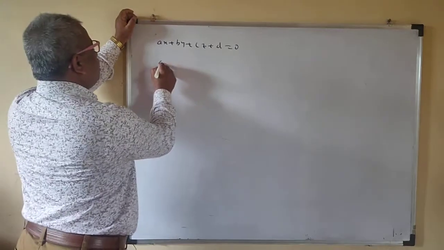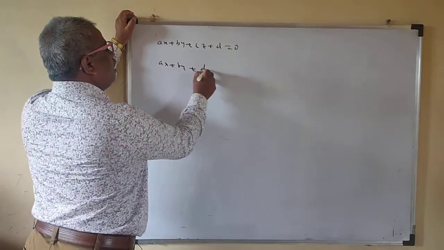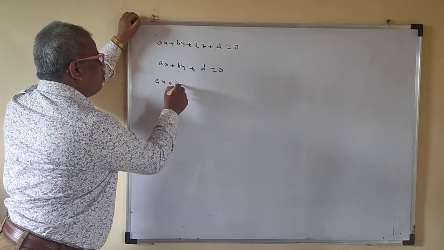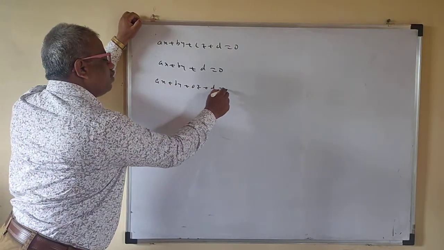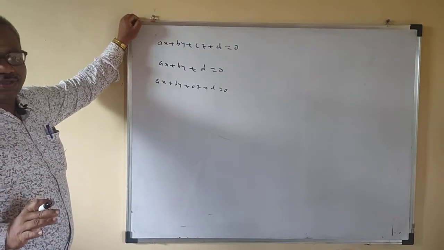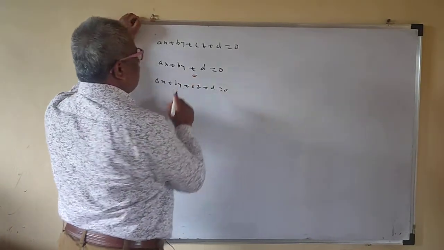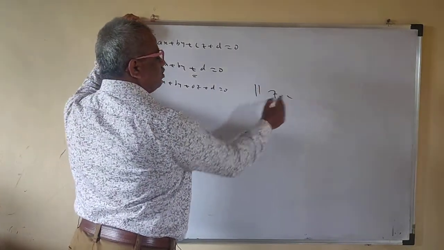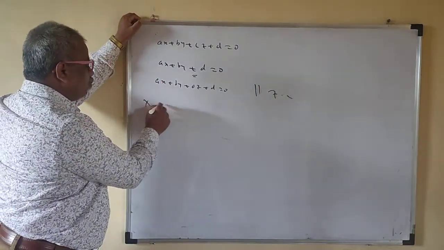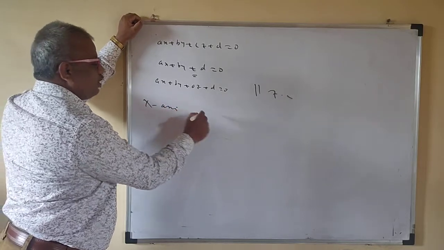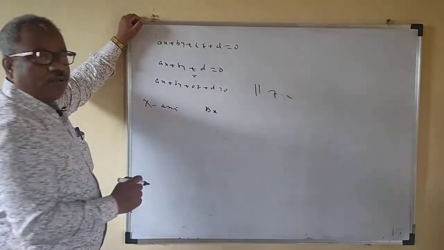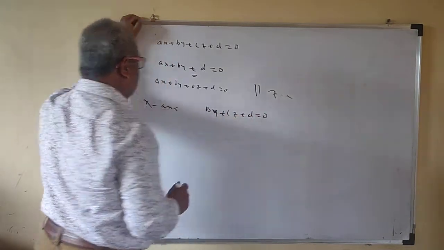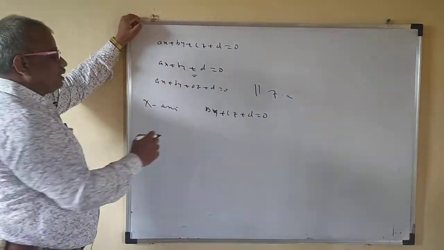Now ax + by + d also represents a plane, because I can write this as ax + by + 0z + d = 0. Here z is absent, that means this is a plane parallel to z axis. The equation of a plane parallel to x axis: the term in x is not there, so by + cz + d = 0. This is the equation of a plane parallel to x axis.